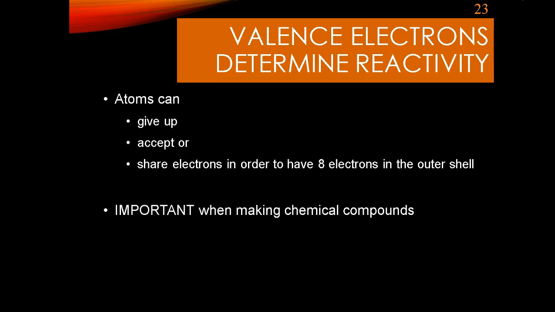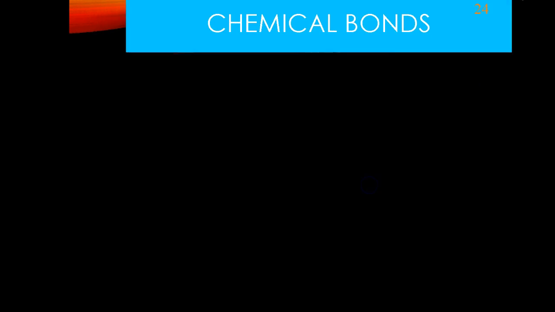Remember from the other day, if they have complete outer shells, they are following the octet rule. And all of this is important when we're talking about making chemical bonds. What are we going to do with the electrons? What do the rules say we're going to do based on what a particular atom has in its outer shell?